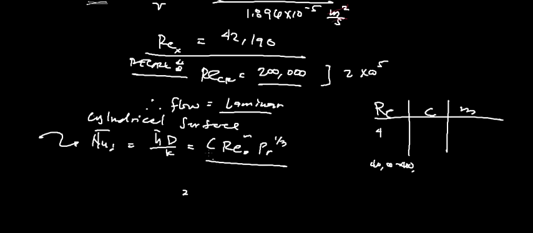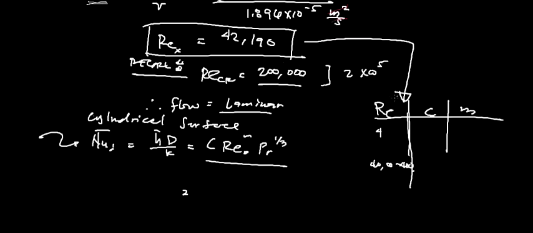Since our Reynolds number is 42,000, when you look at the table that I discussed last time, you select the range from 40,000 above, then you can project the values of C and m.